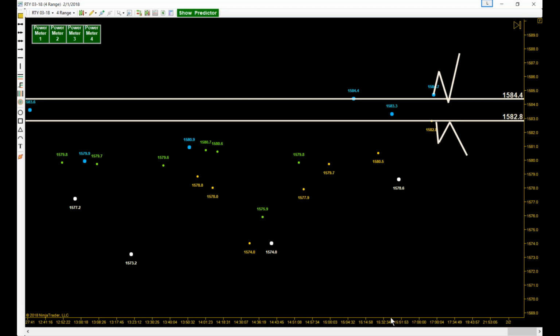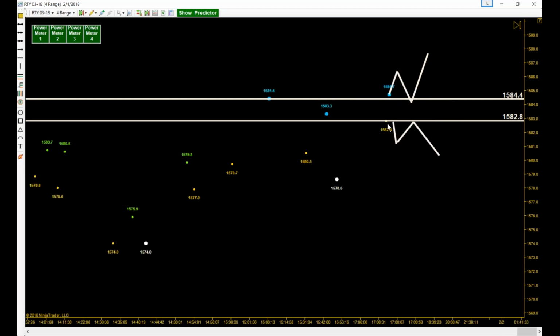Now the way I personally like to do it is, let's say for instance it broke 82.80, and I decide to go ahead and go at 82.80 with literally a close of a bar, or even possibly a couple of ticks, and then try to get a scalp. If it goes against me at all, I'll know that it's just wicking this and it's going to take off. So that's really important in your trading.